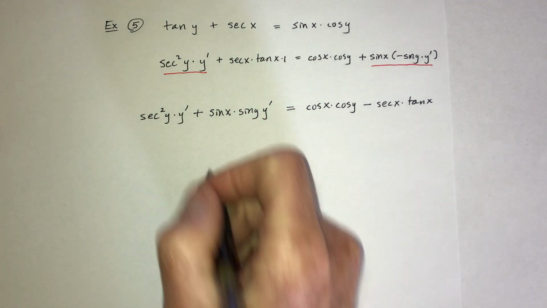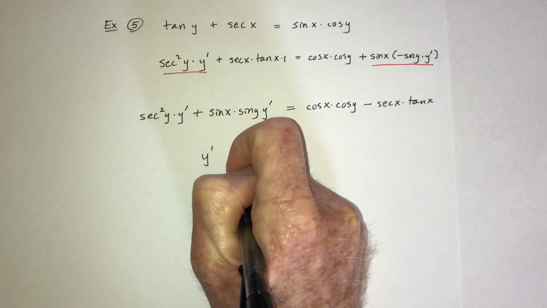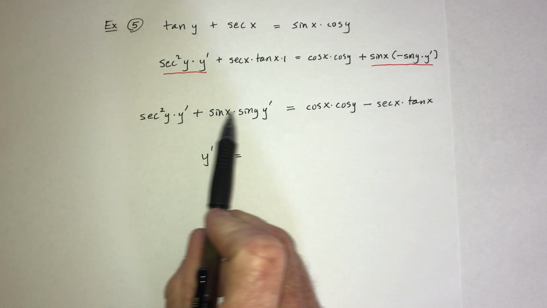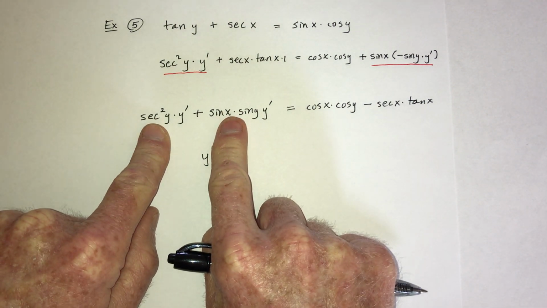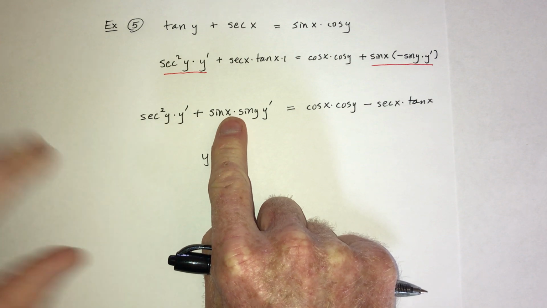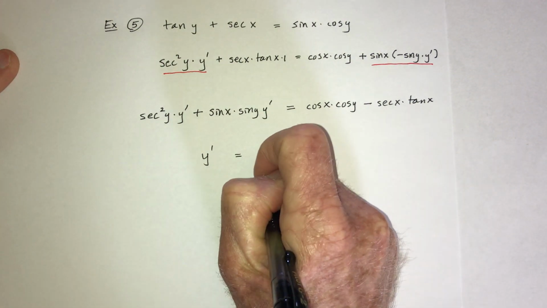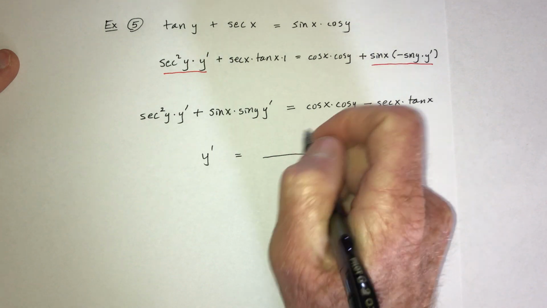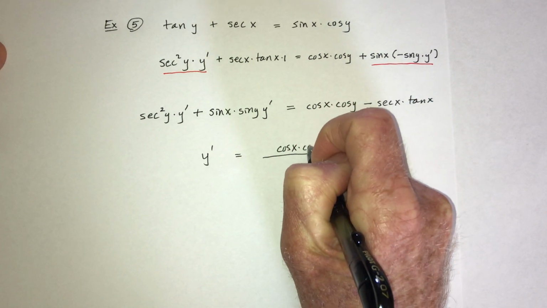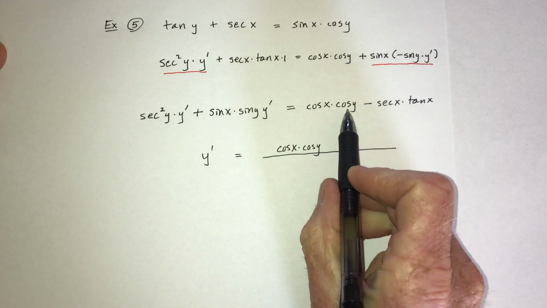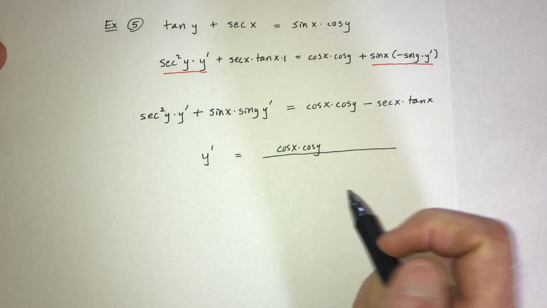And then what I like to do is combine the last two steps, because I can see that I need to factor out y prime, and then what would be left is these two terms, and then I need to divide by them. So I'm going to do that as one step. So this side stays the same, the cosine x, cosine y. Look, it says cozy right there, isn't that cozy?